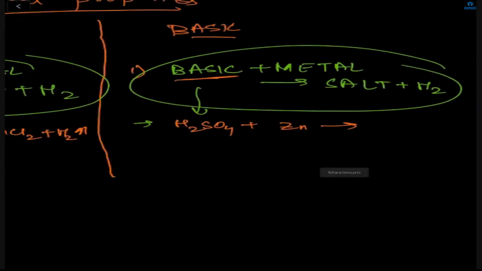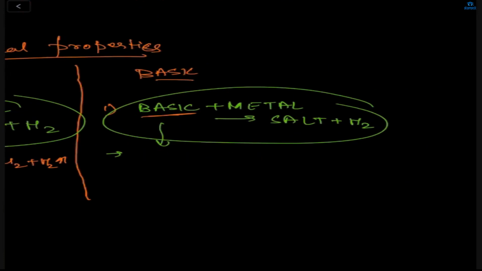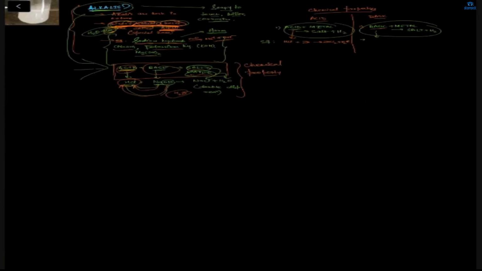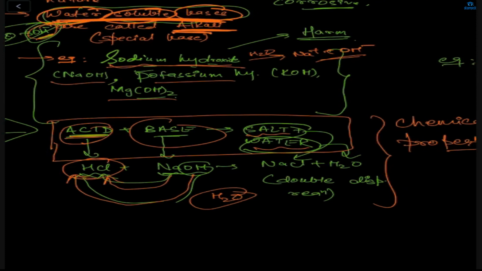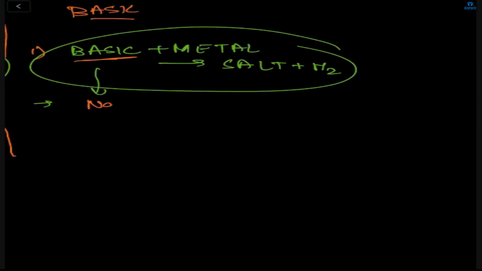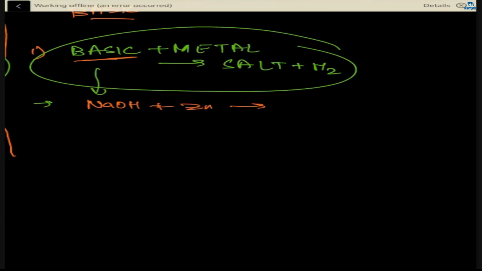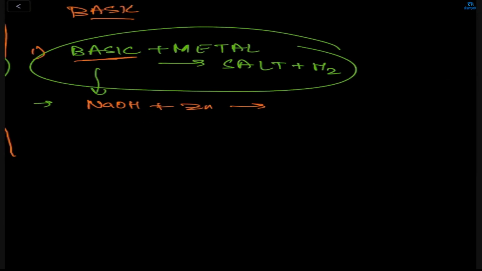Okay, you got it. Now here, you tell me any basic thing. Let us take NaOH, sodium hydroxide. If we write NaOH plus metal zinc. Ma'am, NaCl is also a base, salt. Then it will be what? NaOH is basic, sodium hydroxide.